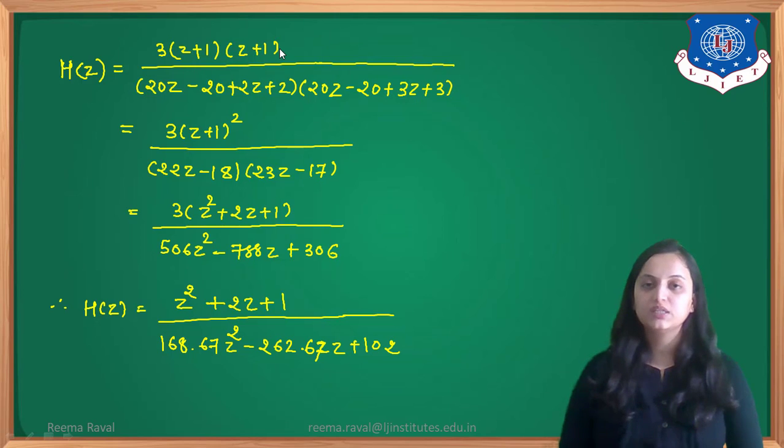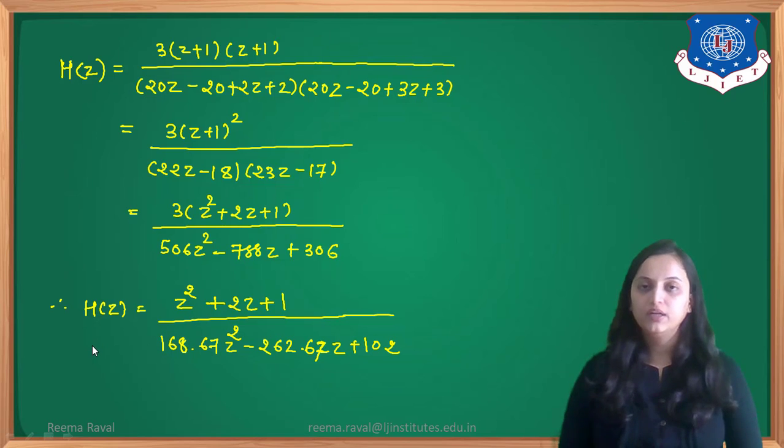This becomes 3 into (z plus 1) whole square divided by (22z minus 18) and (23z minus 17). Now, simplifying, it will become 3 into (z square plus 2z plus 1) divided by 506z square minus 788z plus 306, by multiplying and opening the brackets.